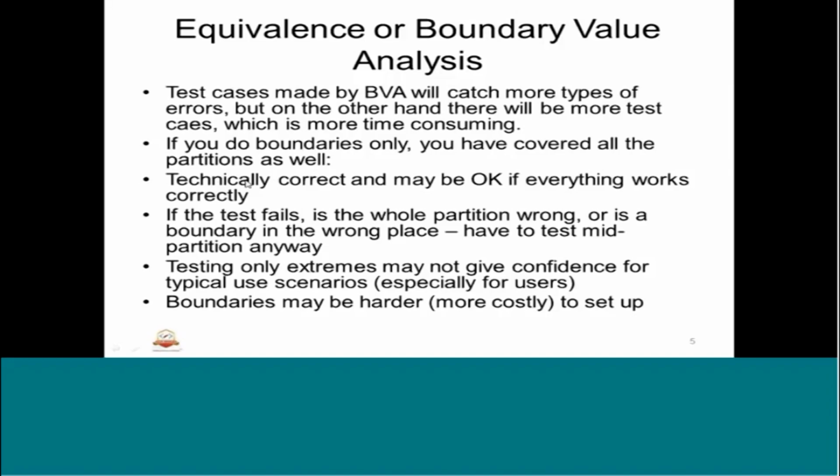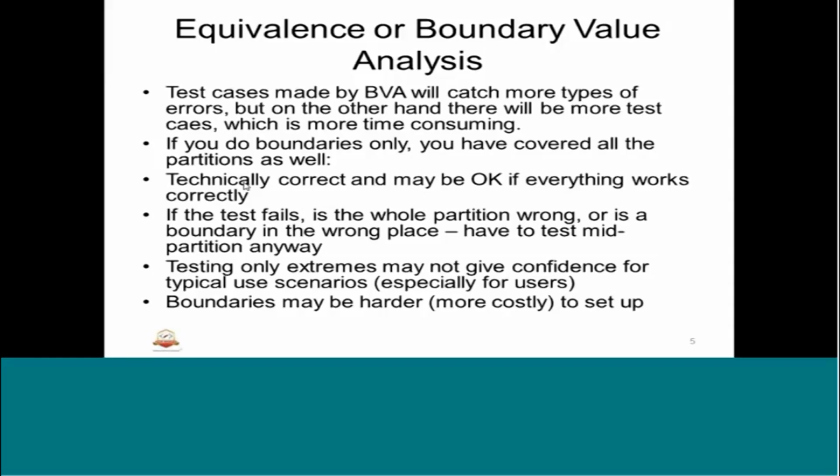What is said here is technically correct and maybe okay if everything works correctly, if the boundaries only are selected. But the best practice is to have an intermediate value along with the boundary. That means you have 1 to 10 as a requirement input. It is good to have a boundary value analysis for 1 and 10 and an intermediate value such as 5.